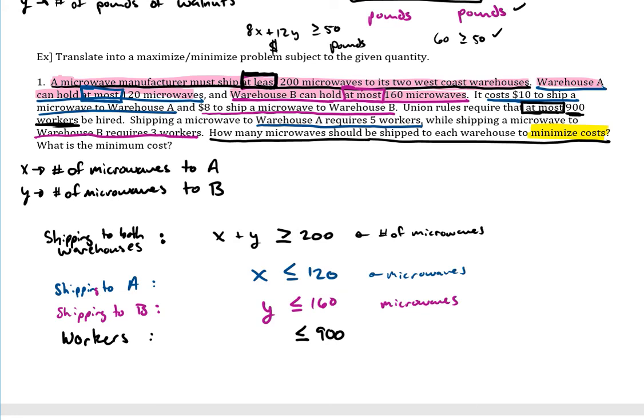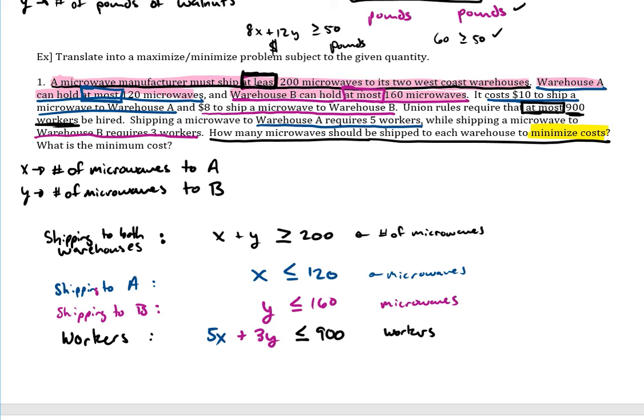And then our next statement was the information about the number of workers per type of warehouse. So it said 5 workers for warehouse A, so again we would just attach the coefficient to the respective variable. So 5x, and then plus whatever the coefficient is for the other warehouse, which is y, so 3y. And there we go. And those are based on the workers.